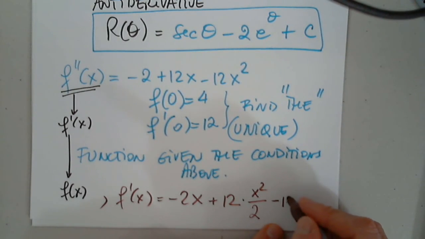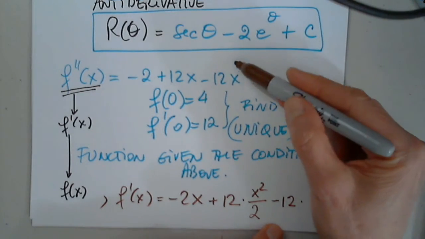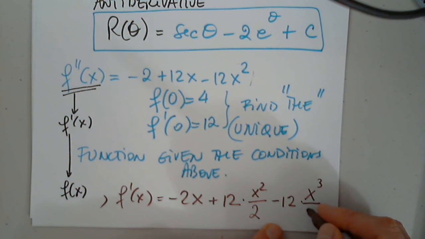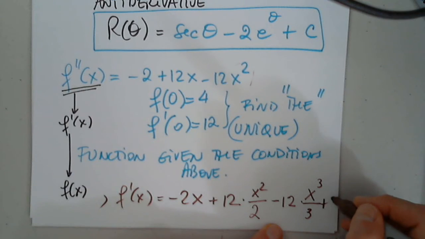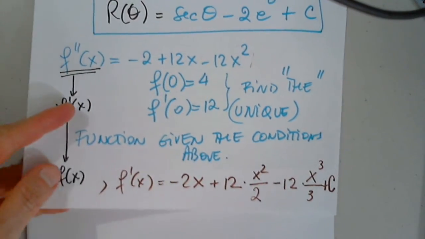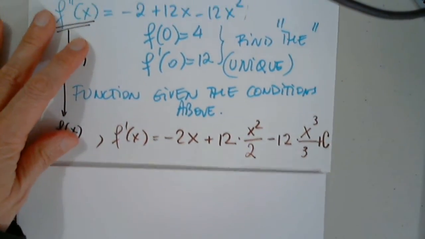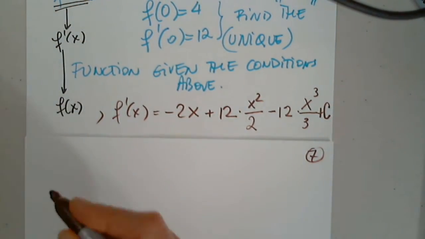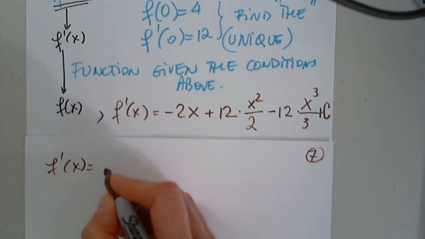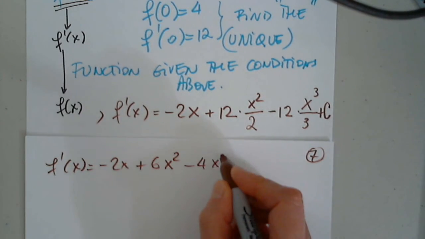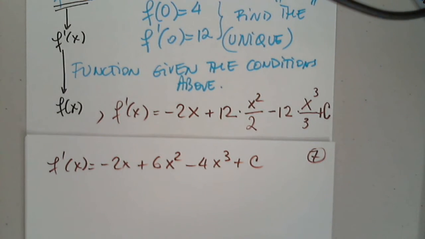Minus 12 times, which function prime is x squared? That's x cubed divided by 3, plus a constant c. So f prime of x is negative 2x plus 6x squared minus 4x cubed plus a constant c. Perfect.